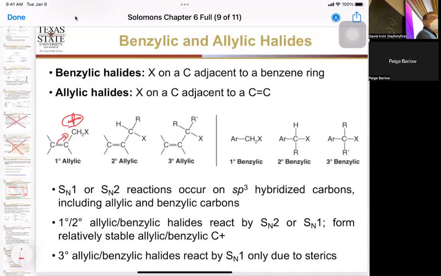And we can do the same thing with these benzylic groups by forming the carbocation here outside the ring. It can be stable. That means that if we're one carbon away from a double bond or a triple or a benzene ring, it's going to be a very stable reaction. And again, the primaries and secondaries usually go SN2, but tertiaries and secondaries usually go SN1.